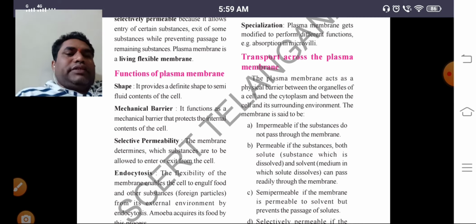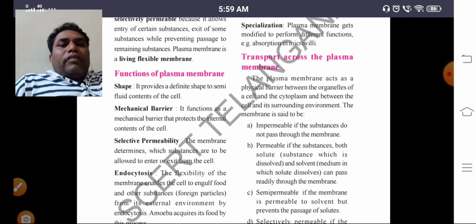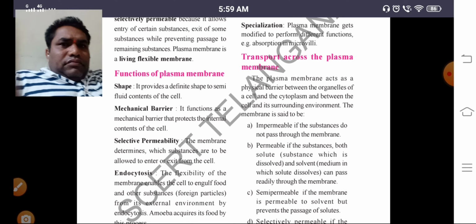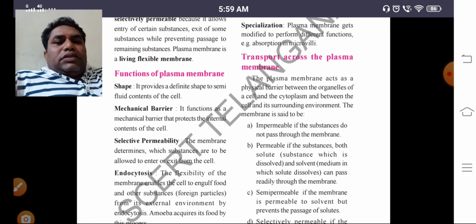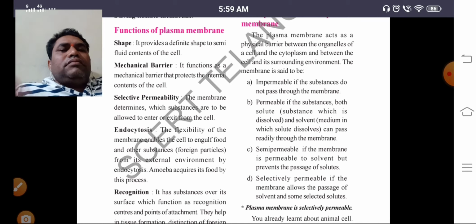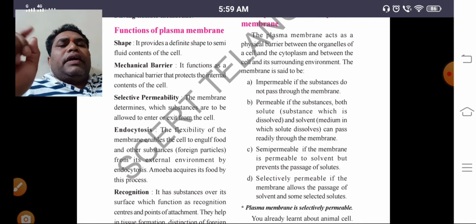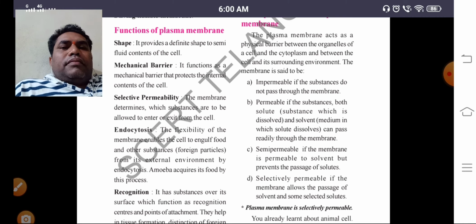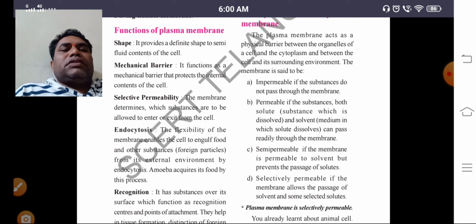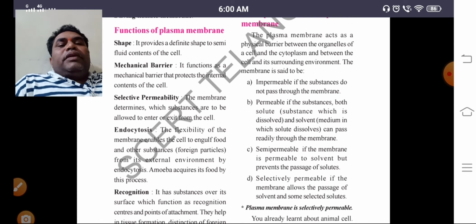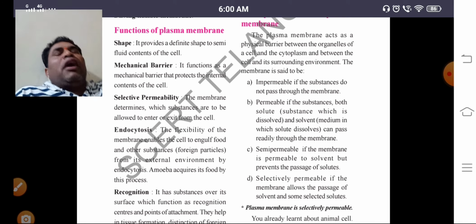Next, endocytosis. Another function of the plasma membrane is endocytosis. Because of the flexibility of the membrane, the cell can engulf food and other substances from its external environment by endocytosis. Endo means inner.